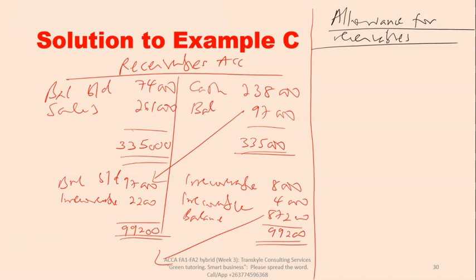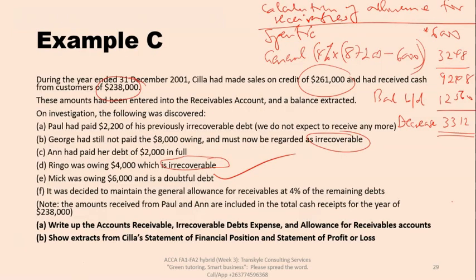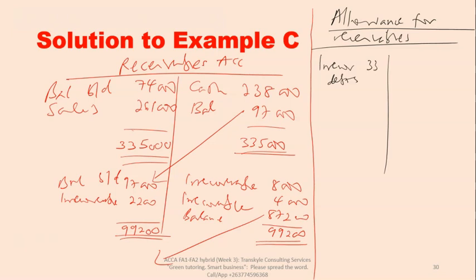It's a T account as usual. On the debit side, we've got the decrease, and we have determined the value as 3,312. And then on the credit side, we've got the balance brought forward, which was 12,560.